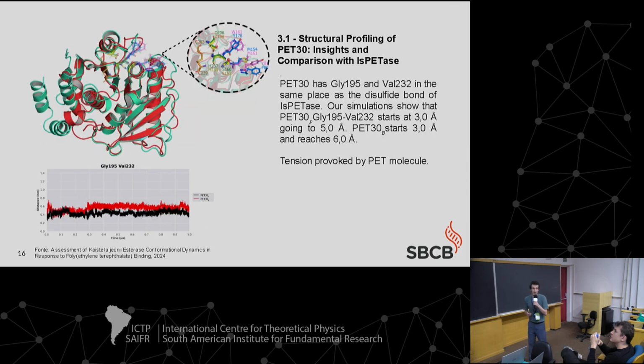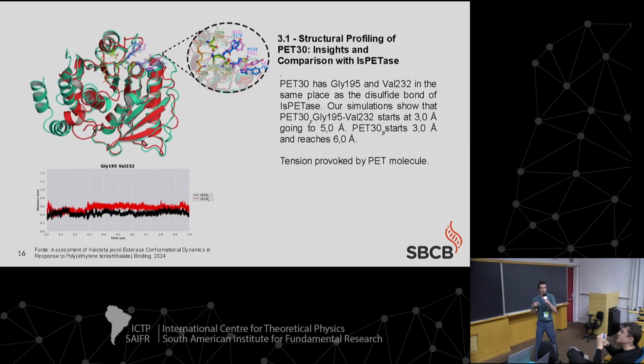We also measured the distance of the amino acids that are in the same position of the disulfide bond of ICTP-SAIFR. And we noticed that when the PET molecule is bound in the catalytic pocket, they do not stay at the distance of a disulfide bond.